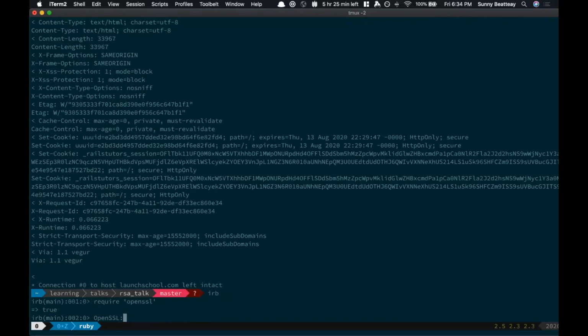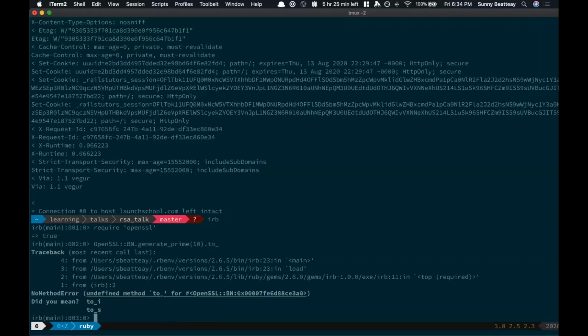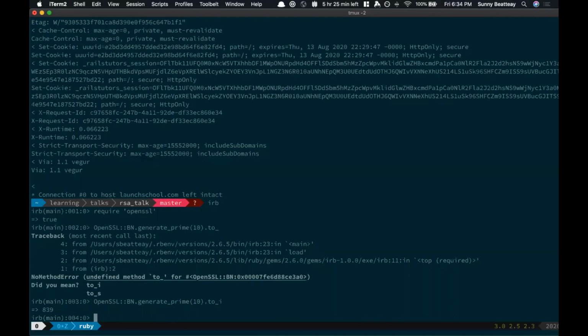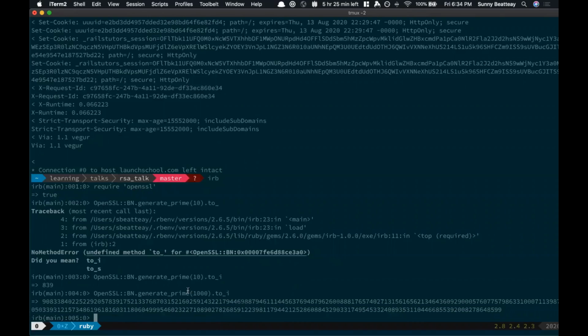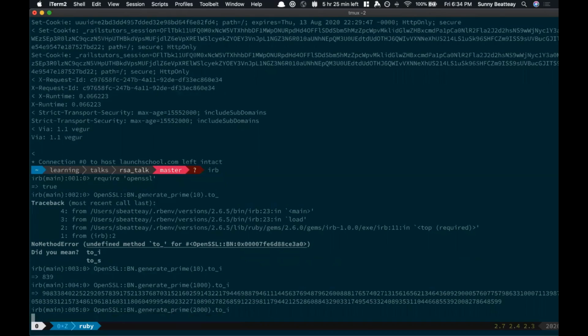I'll use BigNumber, and this library allows me to generate primes, so I can generate values of P and Q. If I generate a prime that's 10 bits long, that's not very big, but say I go to 1,000. That's 1,000 bits long right there. Let's see what 2,000 bits long is. I think it might be too big for my computer. Oh, it's working, it's chugging along.